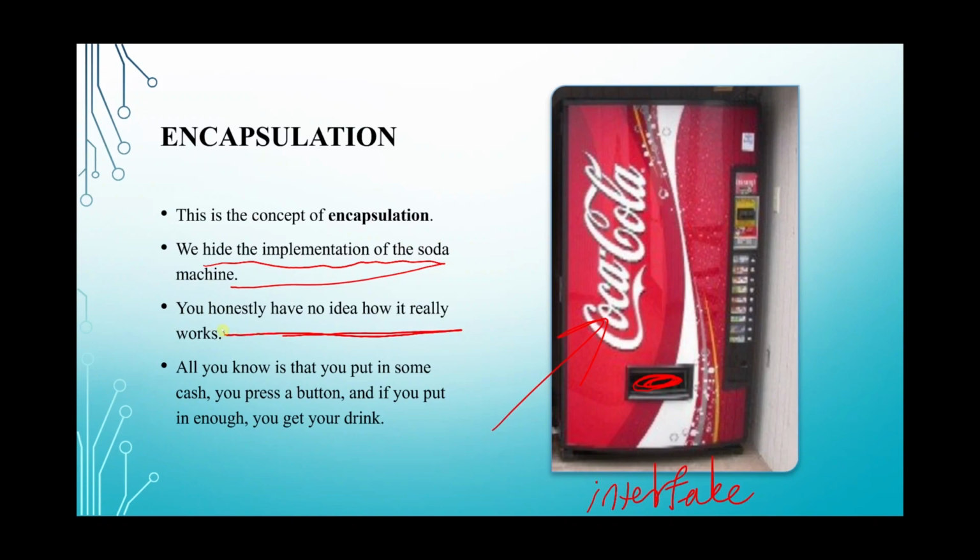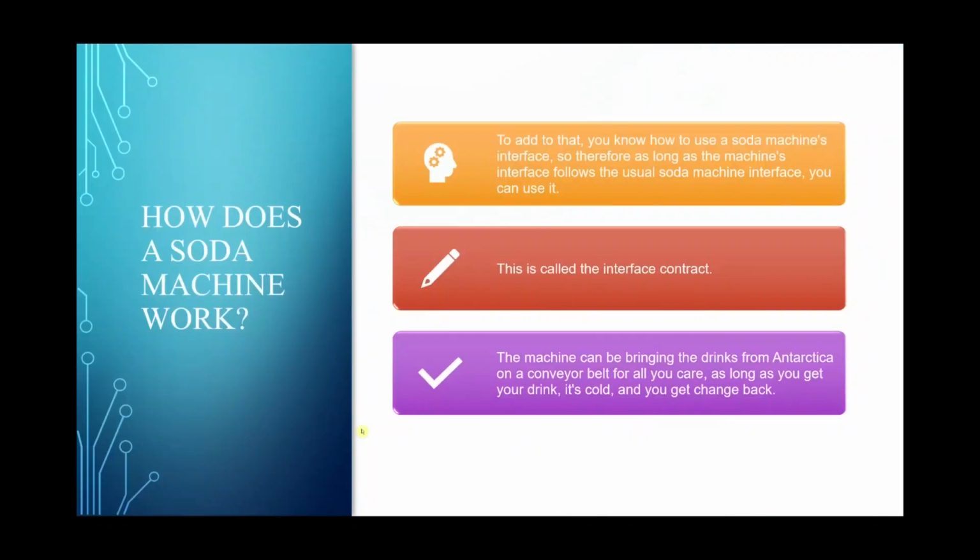All you know is that you put some cash, you press a button to select a drink, and if you put enough, you get your drink, right? If you don't put enough, you get a message on this screen that says you don't have enough money. So, you know how to use the soda machine's interface. As long as the machine follows the usual soda machine interface, you get to use it.